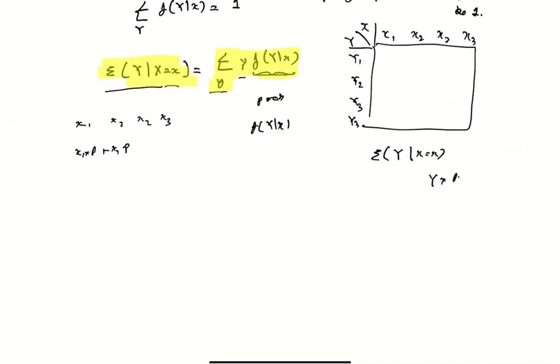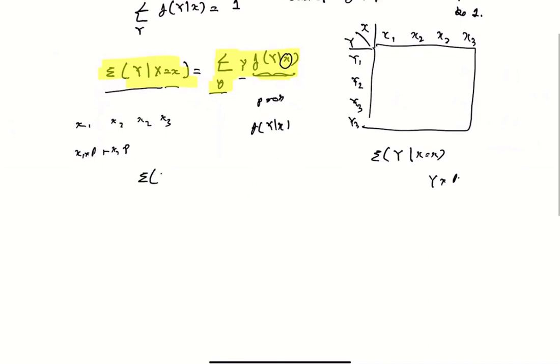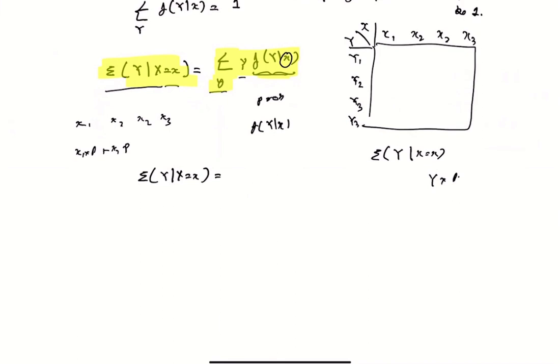So it has a very interesting feature that it depends on the value of x. So it is a function of x, and we can also write the expected value of y given x is equal to x, because the probability of y given x is going to change, so it is dependent on the values of x. So this whole expected value is a function of x.